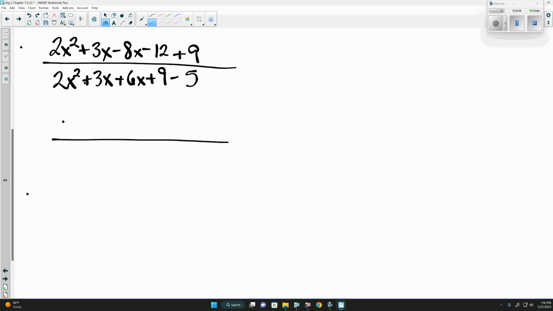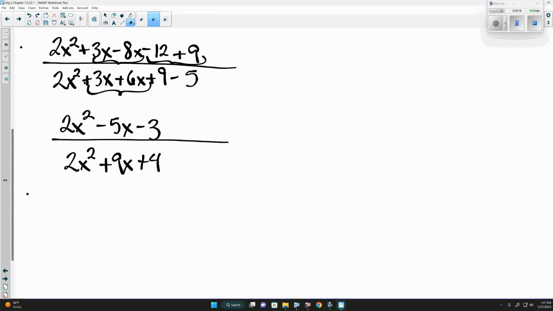Combine like terms. Well, 2x squared, really on top and bottom, is the only term. It can't just cancel out, unfortunately, because 3x minus 8x is -5x. Since we still have addition subtraction, they're stuck together. -12 minus 9 is negative 3. 3x plus 6x is plus, and 9 minus 5 is.